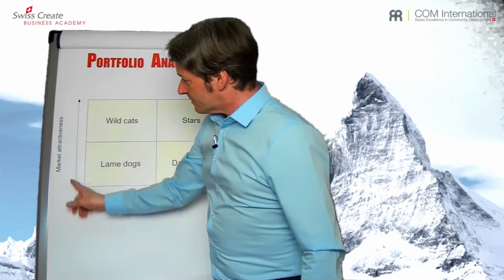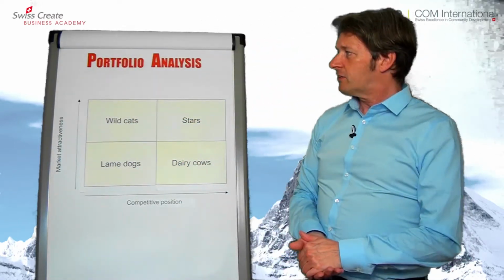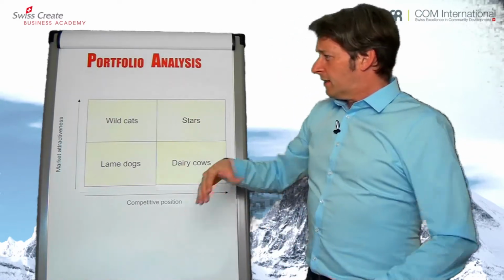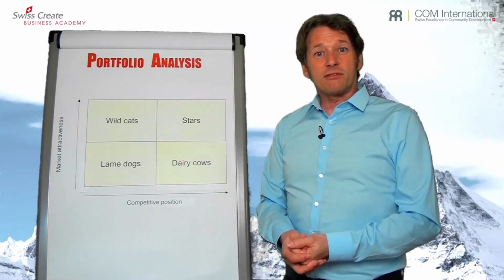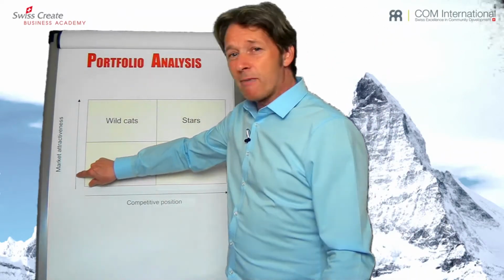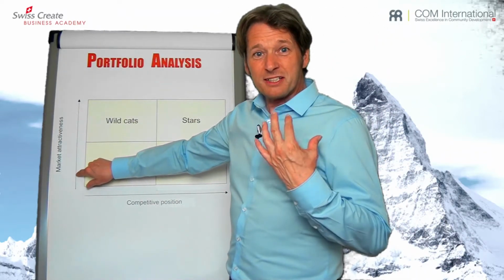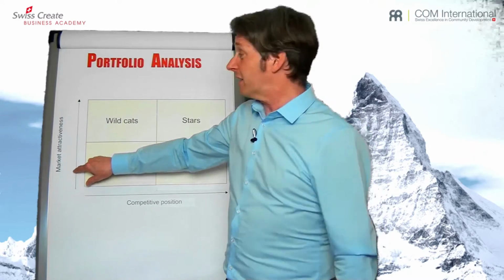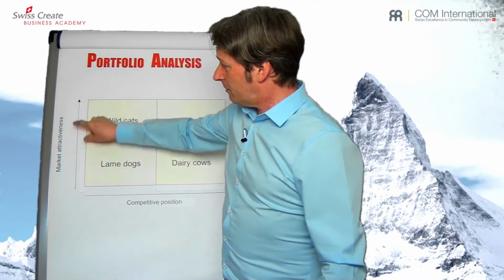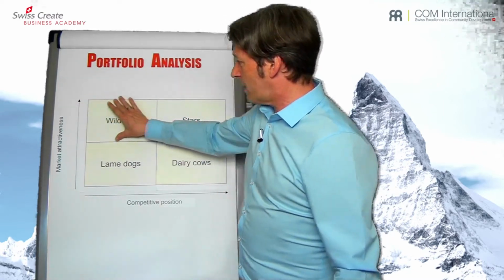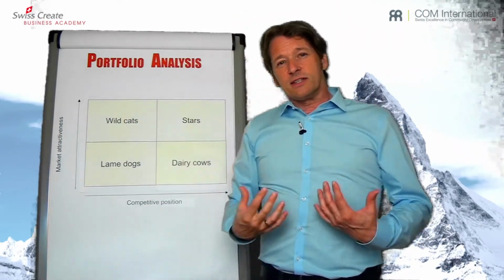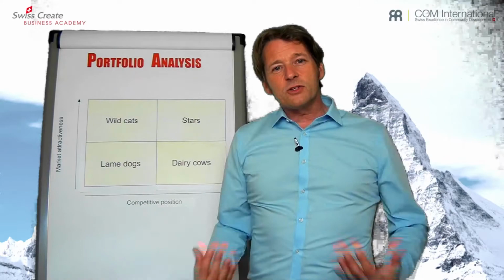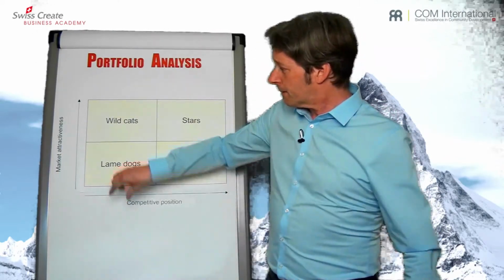Then we have another axis called market attractiveness. What is it, market attractiveness? When is a market attractive? A market is attractive when the market, and especially the demand on this market, is increasing. That means here, in this part, is a very interesting market. The demand on this market is increasing. It's an emerging market.